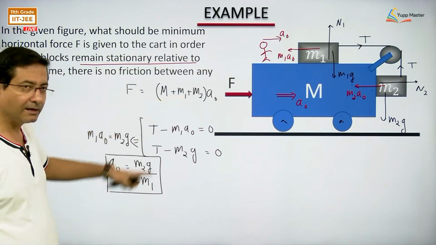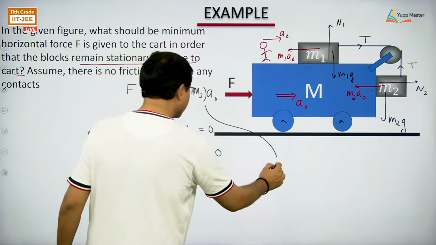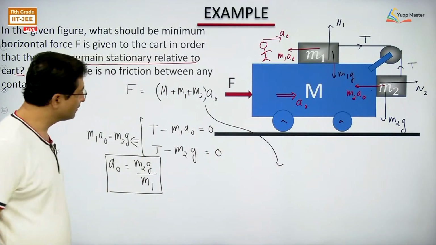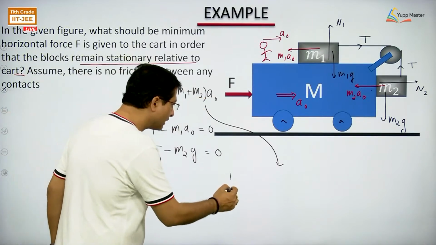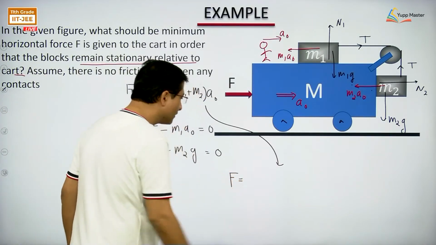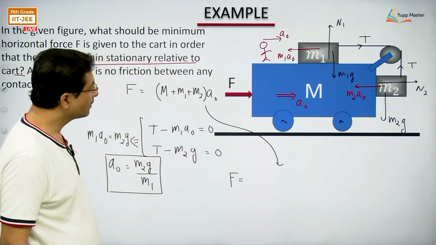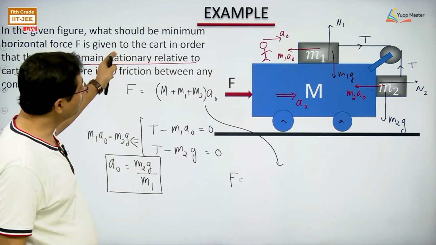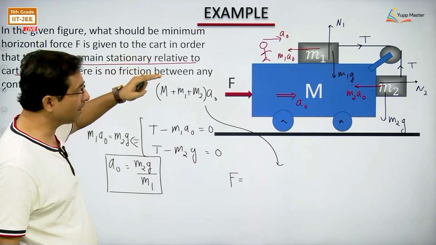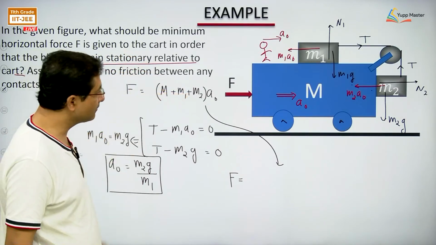So here if I write the value of a naught from here, then I'll get the value of F needed to know relative motion between M1 and cart and M2 and cart.